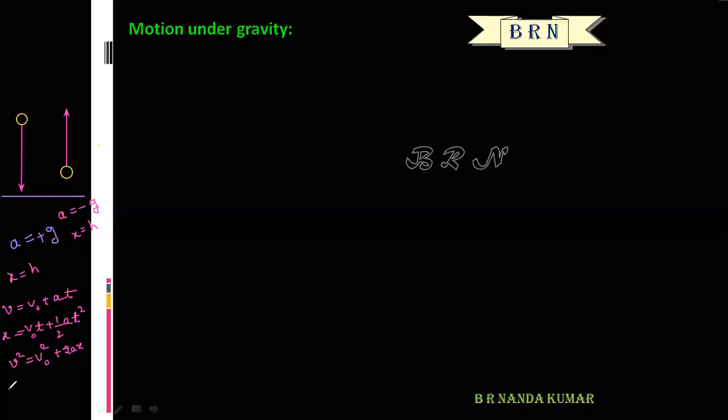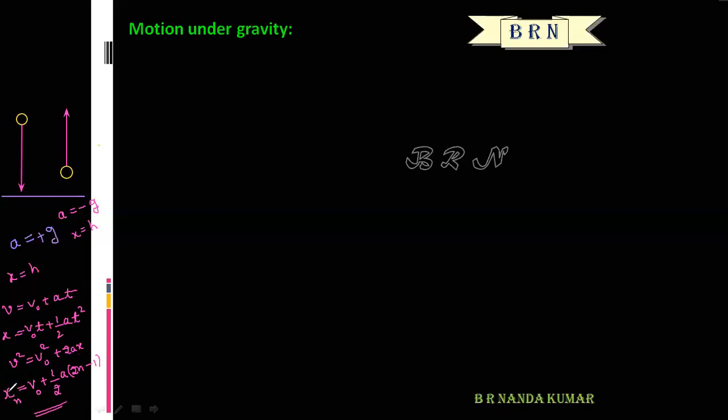Actually, one more kinematic equation is also there. That is the distance traveled in the nth second: xn = v0 + a/2 (2n - 1). This is important only for CT. So this is the fourth kinematic equation.